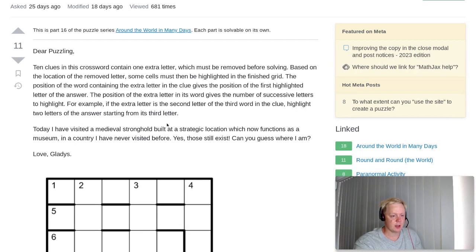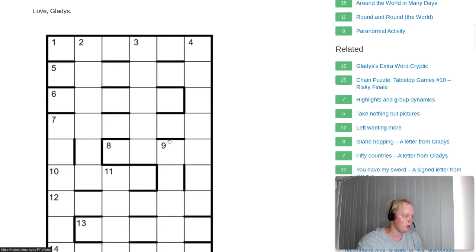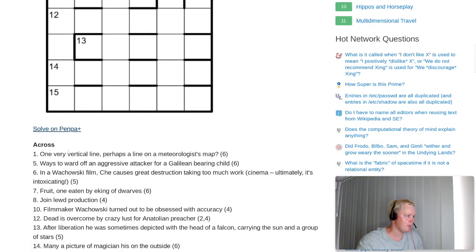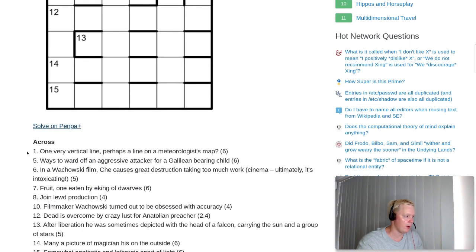Okay, let's stop there. So we're dealing with a variety crossword here. We have these clues below, and we must remove one letter from some of these clues before they can be solved. Let's say this E could be removed. It would be on the first clue here, 1 vertical. Then it would be the third letter of the first word that is removed.